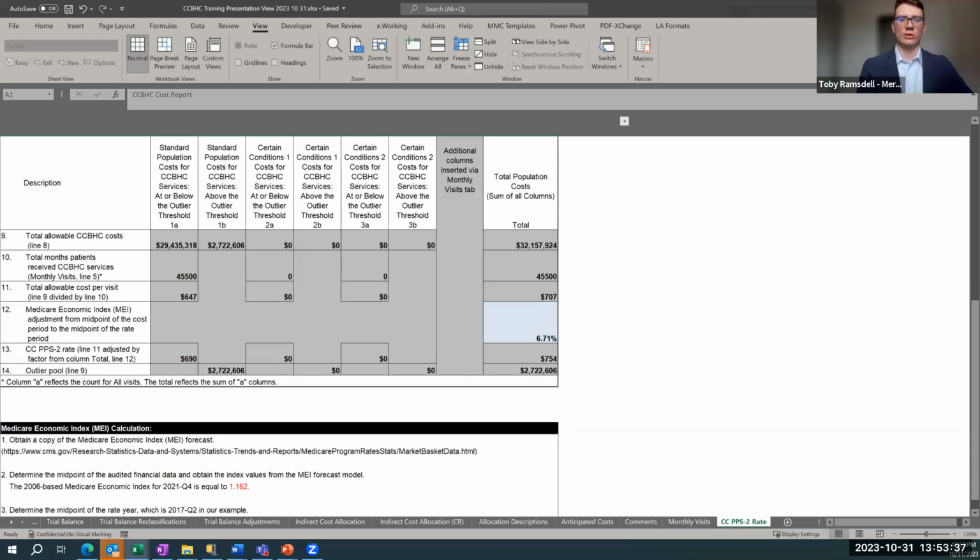All right. What services will be allowed concurrently that are included within CCBHCs as this impacts our projected encounter rates? I'll pass this one off to Liz. Do you have any thoughts on this? Yeah. All right.